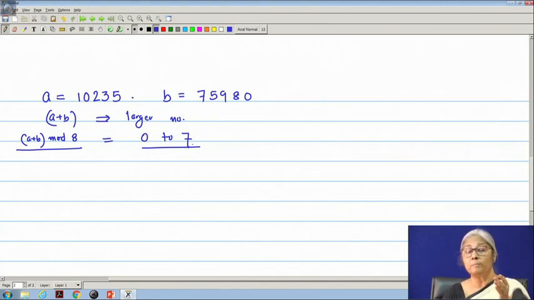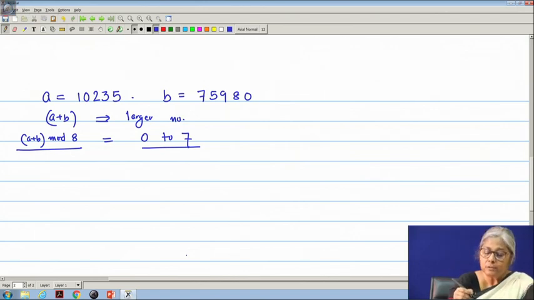This is a big advantage when we are dealing with large numbers, particularly in the area of cryptography and coding, where it is of tremendous use.